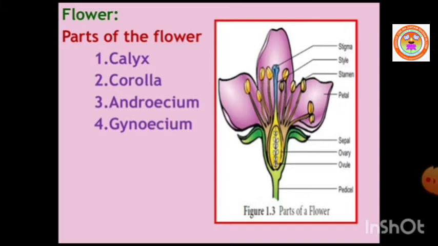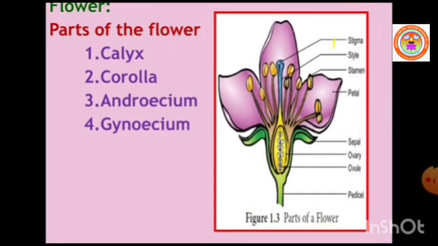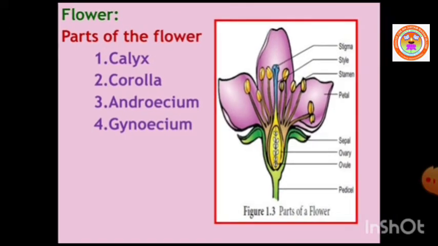A flower, in general, possesses 4 whorls, namely calyx, corolla, androecium and gynoecium. Androecium and gynoecium are the essential organs which take part in sexual reproduction in plants.